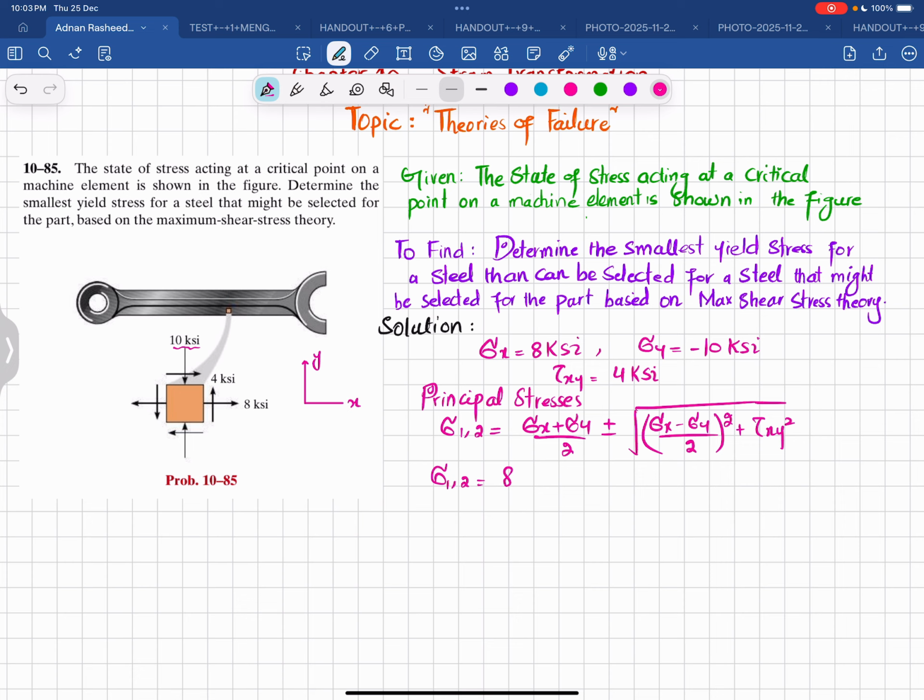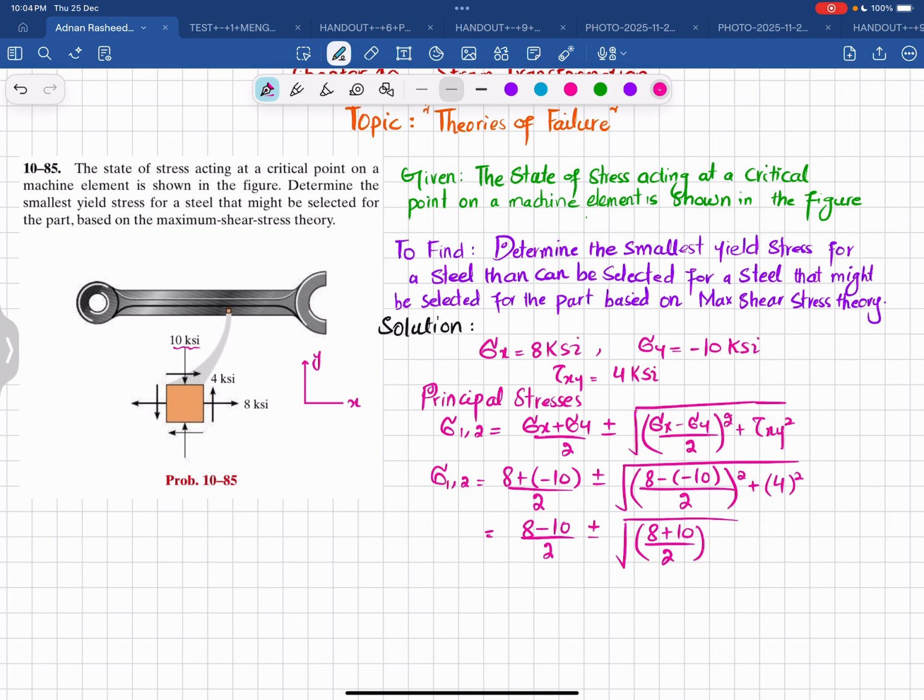Sigma x is 8, sigma y is minus 10, so 8 minus 10 divided by 2 plus minus the root of ((8 minus minus 10) divided by 2) whole squared plus tau xy, which is 4, squared. So 8 minus 10 divided by 2 plus minus the root of ((8 plus 10) divided by 2) whole squared plus 4 squared.